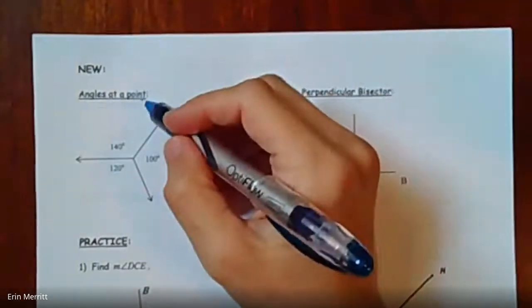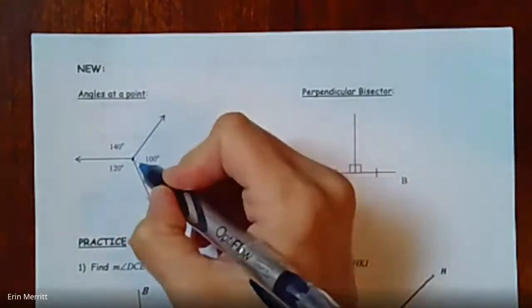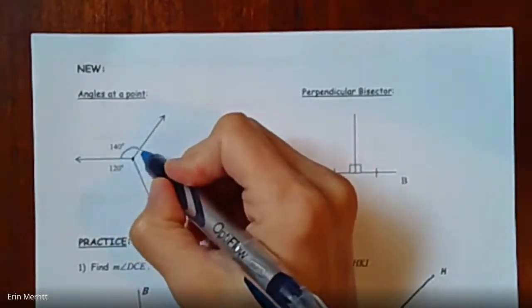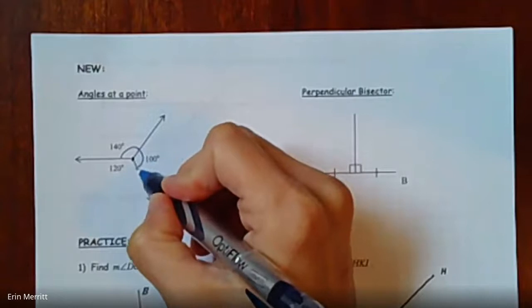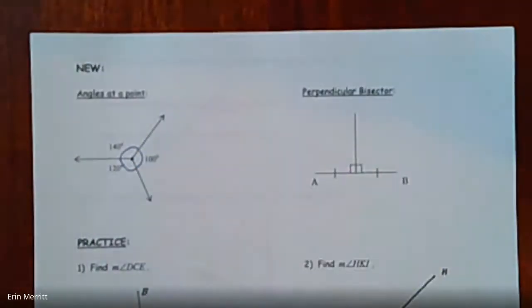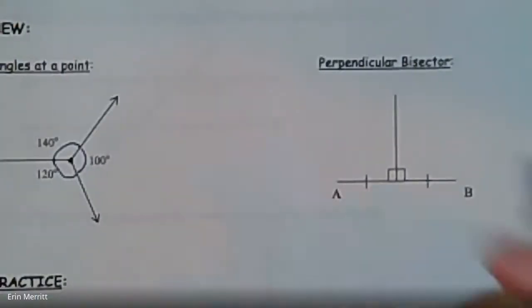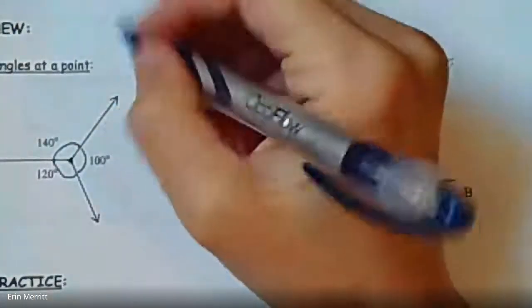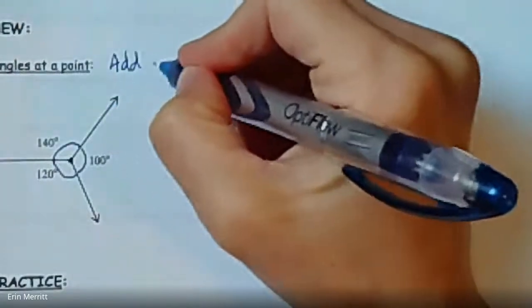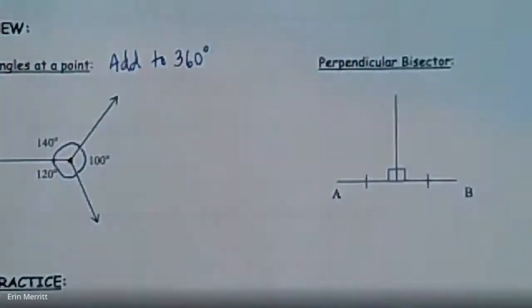Angles at a point, what we mean by that, if you have 3 angles that go all the way around one particular center point, so that 140 degree angle, 100 degrees, and 120, what you notice when you trace them all out is you essentially create a little circle right there. And we know that a circle has 360 degrees. So those angles are going to add to 360 degrees.